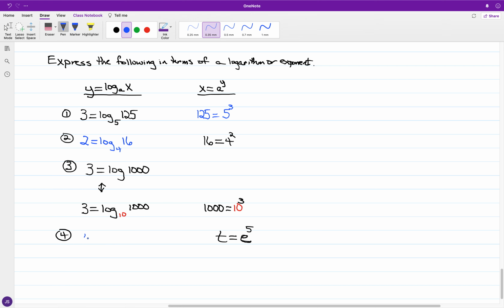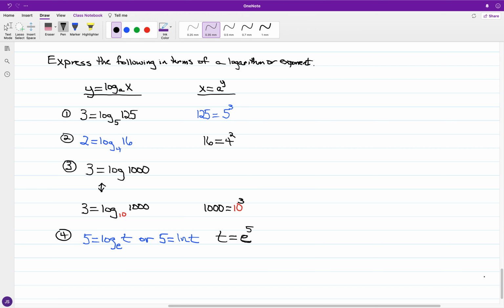So for y, I have 5. And base a is going to be the logarithmic base e. And we have x, which I have represented by the letter t. So the equivalent in logarithmic terms, you can say 5 is equal to the base e logarithm of t, or again, base e logarithms are going to be natural logarithms. So in this case, we have that 5 is equal to the natural logarithm of t.